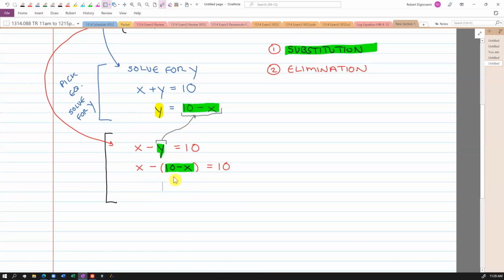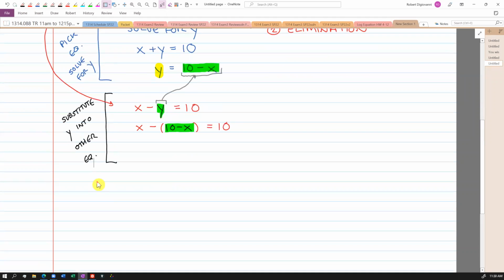Now look at this equation. This is a linear equation, but you only have one variable in here now. You see that? There's only an x. So I'm going to now solve this. So this step right here, what did we do? We substituted y into the other equation, right? That's what we did.